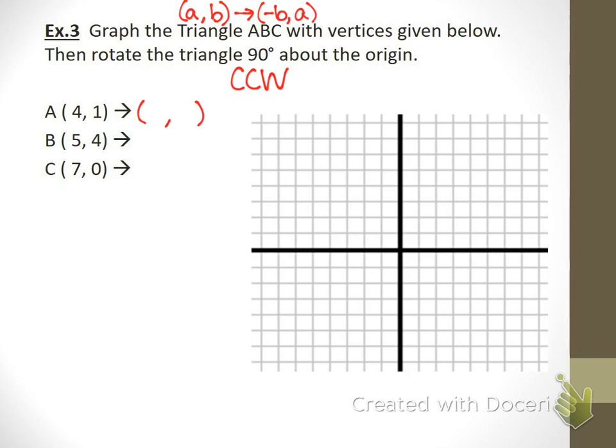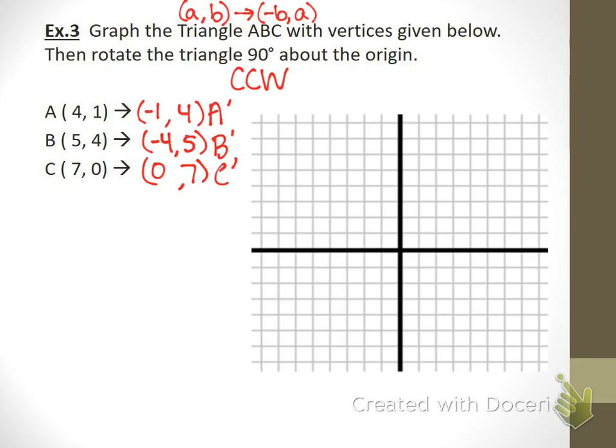So my coordinates for A prime, negative 1. Good, B prime, negative 4, 5. Wonderful. And C prime, 0, 7. Good. 0 doesn't change signs, so that makes it a little easier for us.